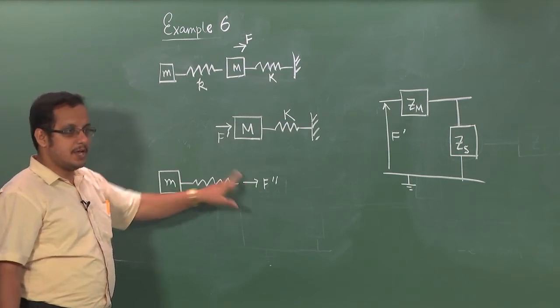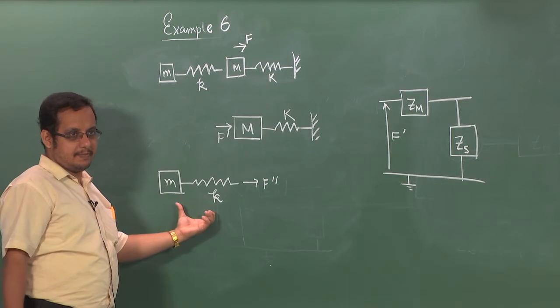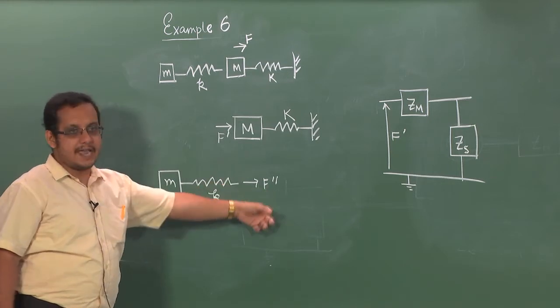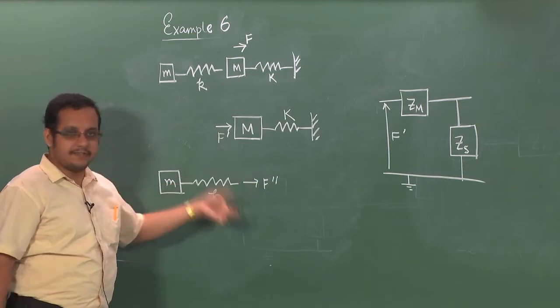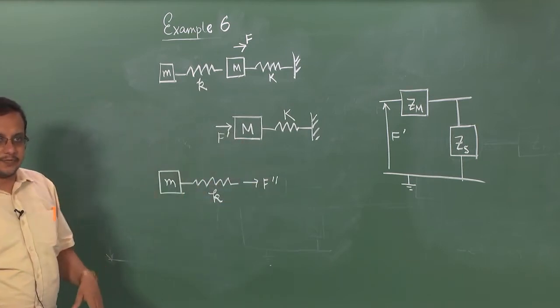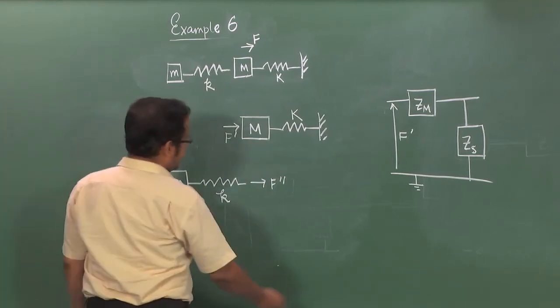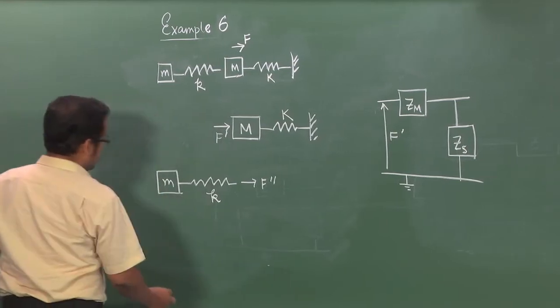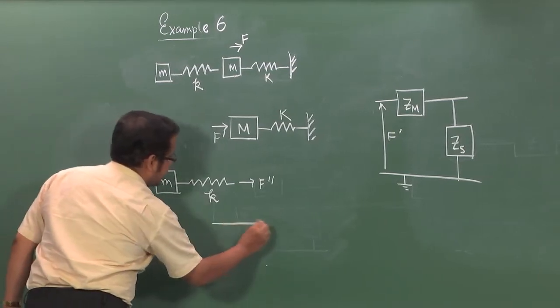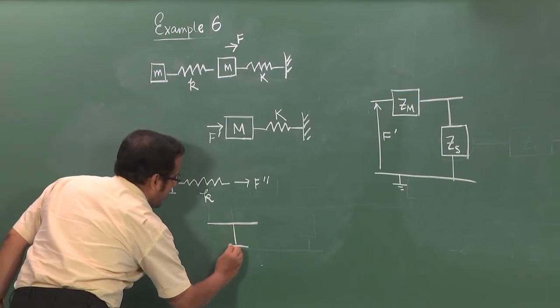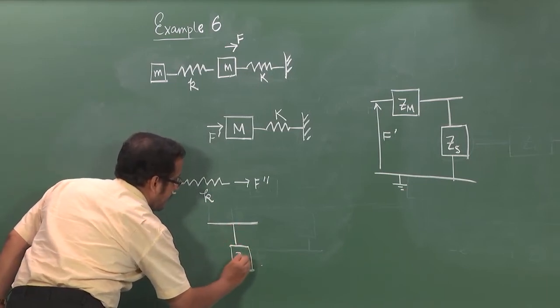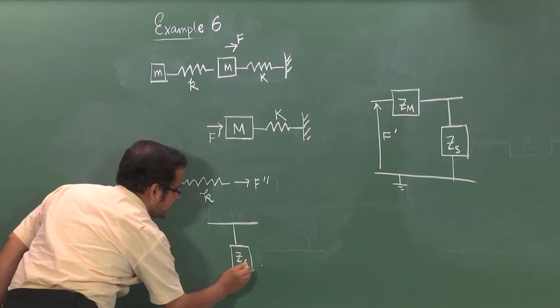This force is to the right of this system, but it is going from right to left, which is why we have to take a negative sign associated with this force. Other than that it is just the same. Here, as far as the circuit is concerned, first you will have a shunt associated with this stiffness.